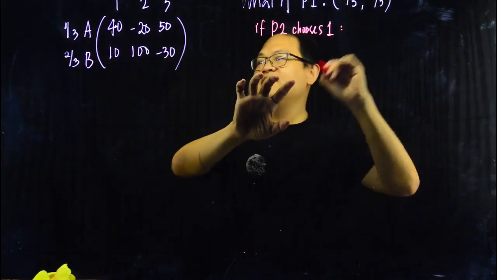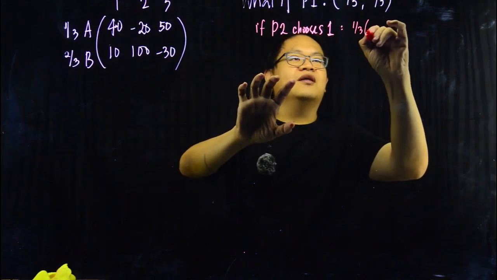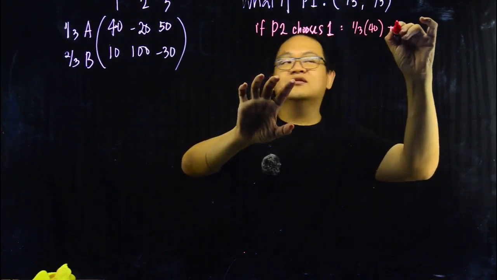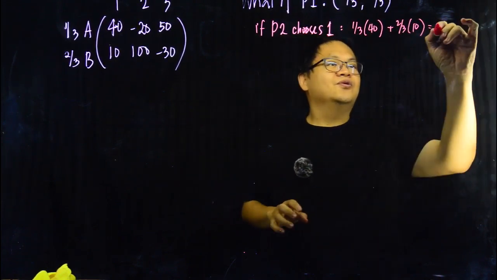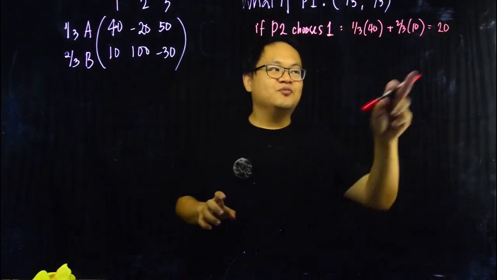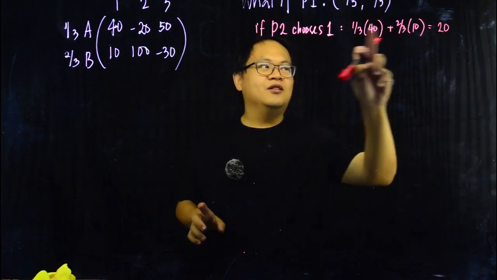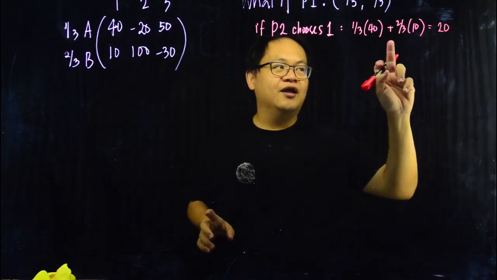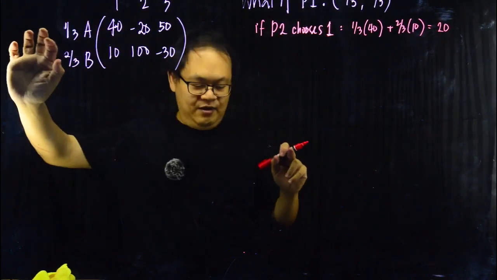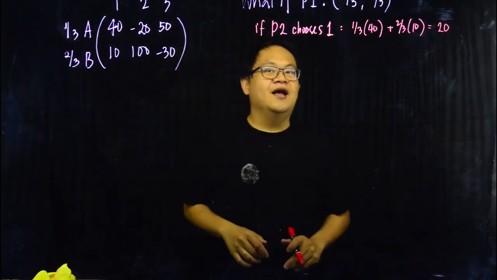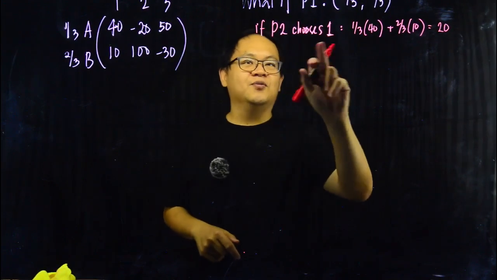So expectedly, 1/3 times 40 plus 2/3 times 10, which gives you 20. So expectedly, player 2 will lose 20. Again, why lose 20? Because we're using the numbers from the point of view of player 1. Okay? So that is if player 2 chooses 1.